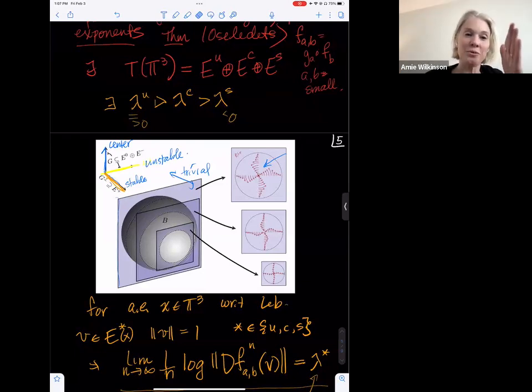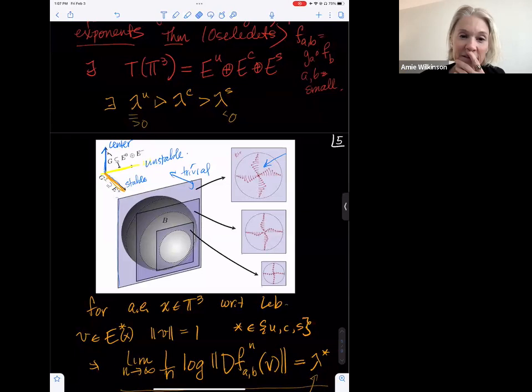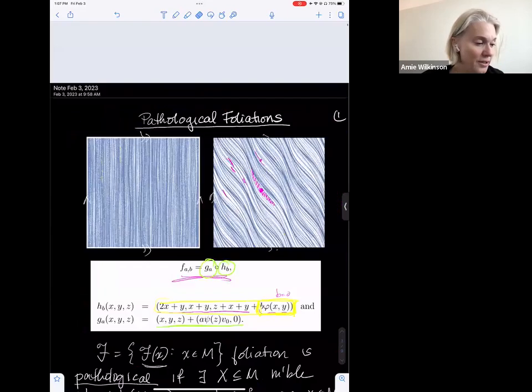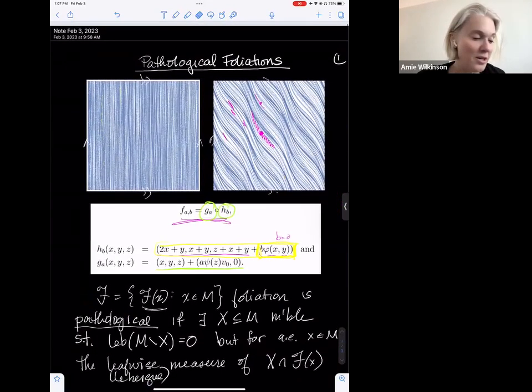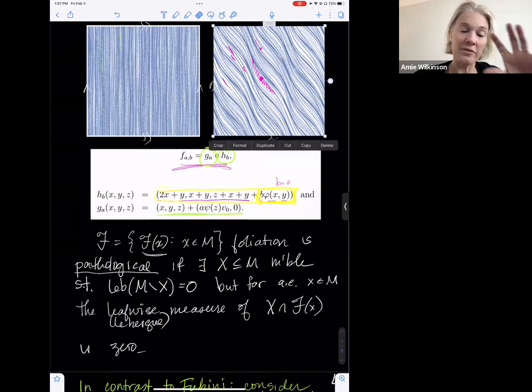It's tangent to a direction that is non-uniformly expanded. Okay, cool. So is that your question? Yeah, I just wanted to clarify that, yeah. And in fact, this picture, you can also see this phenomenon in certain foliations where the leaves are not compact.